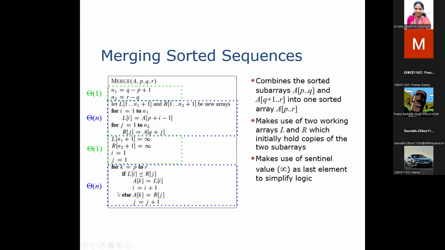For every iteration it is order of one, so for n iterations, order of n. Here it is an assignment process, it takes only order of one. So these instructions need order of one each. This for loop takes order of n, this for loop takes order of n, this assignment takes order of one, and a for loop with n iterations takes order of n.